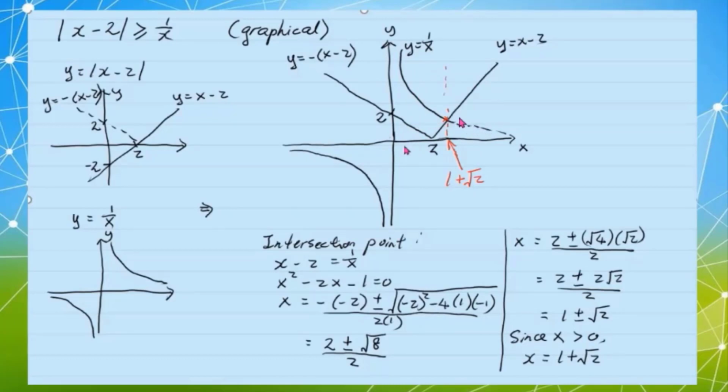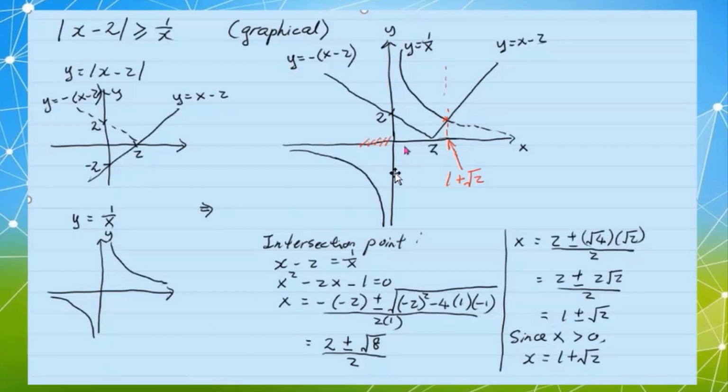Next, when we come to this region, we can see that the modulus x minus 2 is above 1 over x. So means in this region, the modulus x minus 2 is greater than 1 over x.